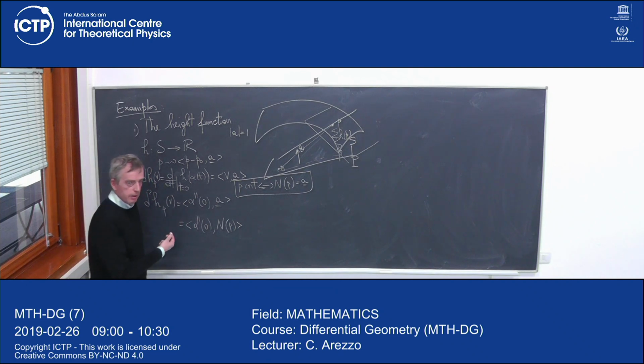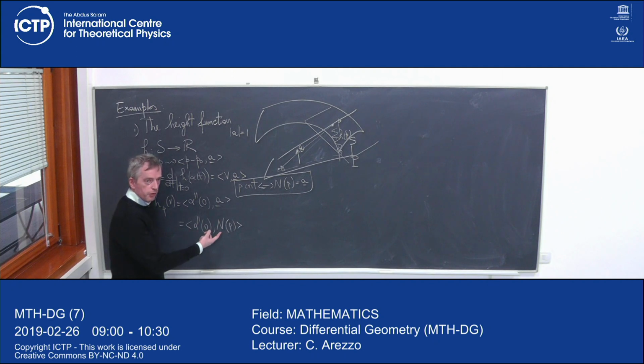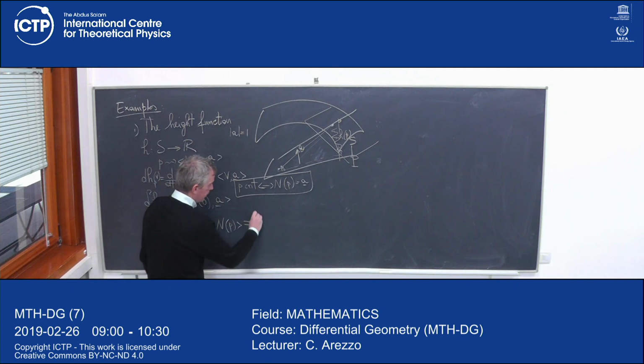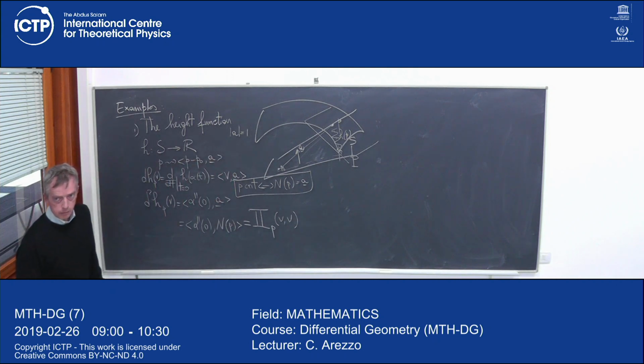Otherwise said, we proved Euler's theorem, which was saying that the normal curvature is equal to, remember, the second fundamental form applied twice to this vector v.